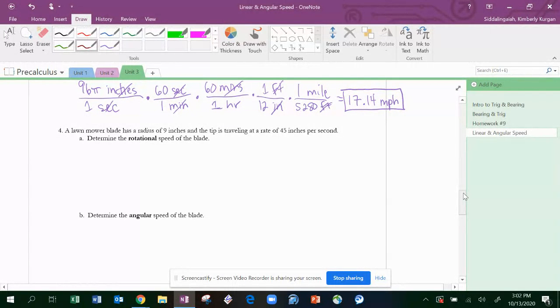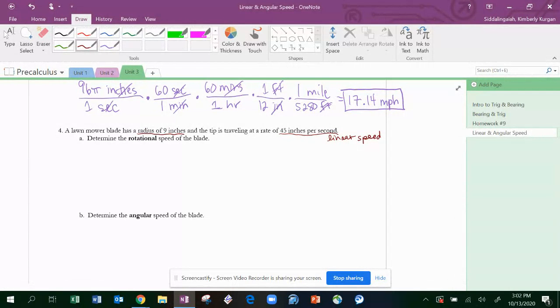All right, lawnmower blade has a radius of 9 inches. Oh, thank goodness, we're given a radius. And the tip is traveling at a rate of 45 inches per second. Ooh, 45 inches per second, that's a linear speed. So we might be going backwards, my friends. And in fact, we are.